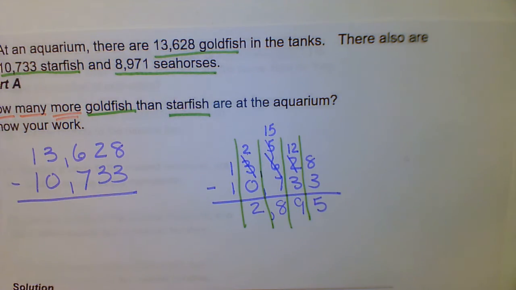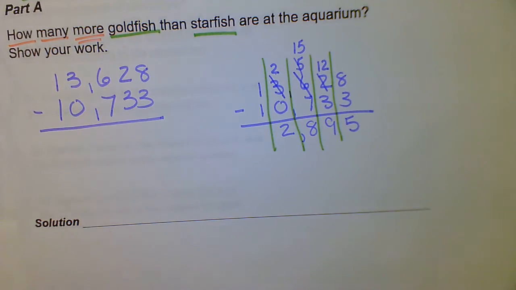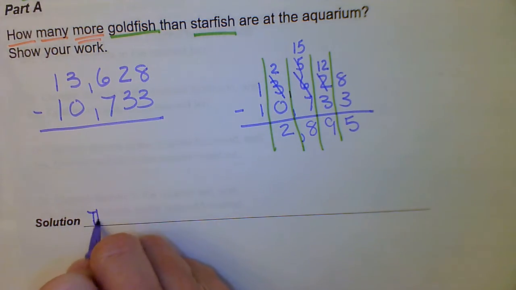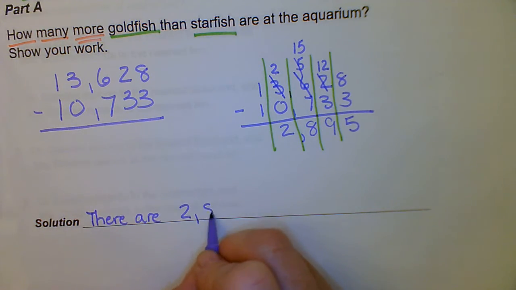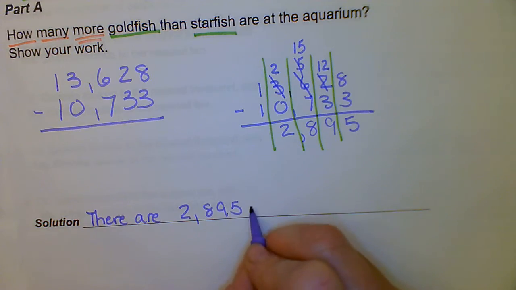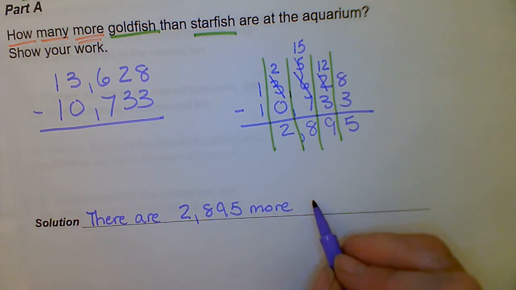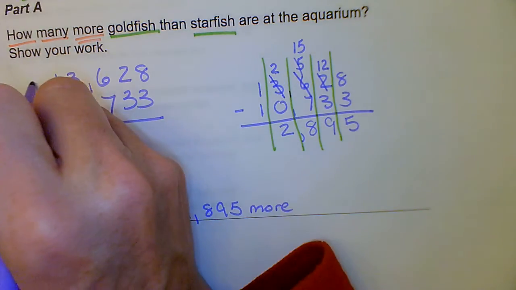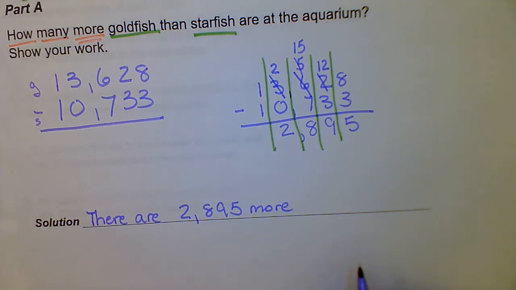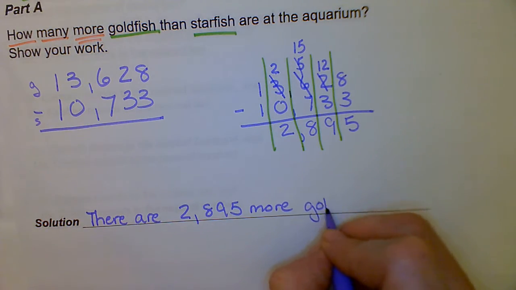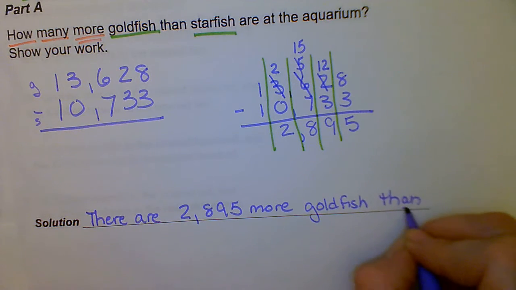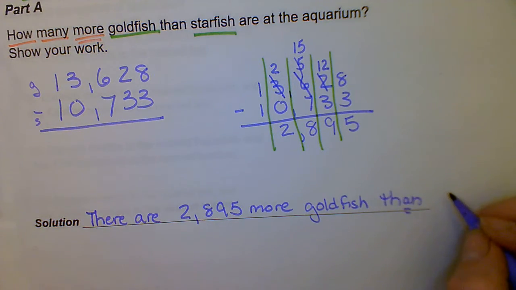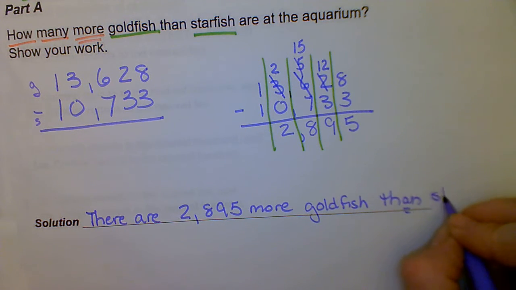But 2,895 what? There are, and let's go ahead and write this, there are 2,895 more goldfish, because these are the goldfish, these are the starfish, more goldfish than, and this is that than with the A in it, than starfish.